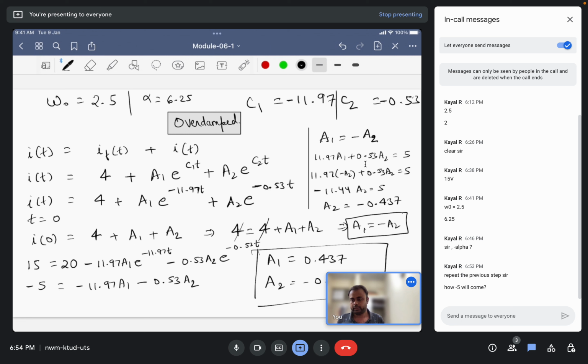So we get A1 plus A2 is equal to 0. So A1 is equal to minus A2. Okay, perfectly fine. And in the second part, we found the voltage. So the voltage term we have written 15.